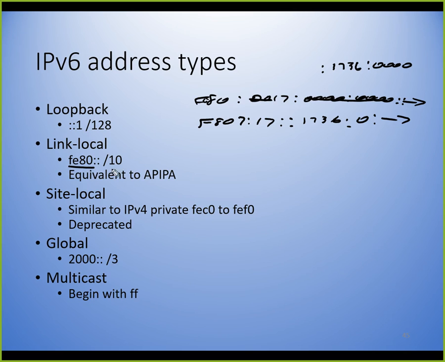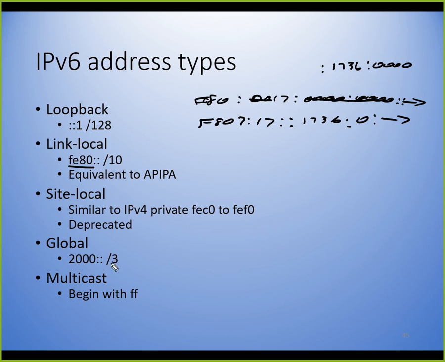The link local, the FE80, which we looked at, is equivalent to the APIPA address. APIPA is automatic private IP addressing, which means that we couldn't get an automatic address. Site locals are available. They're routable within the site, not routable on the internet, or deprecated. And they come and they go, and the name comes and the name goes.